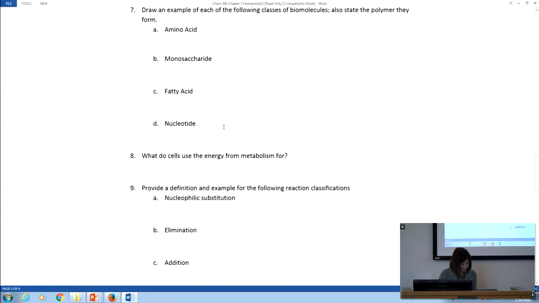I think it was the first slide that we did today. Oh, yeah. What do we use the energy for? So synthesis of biomolecules, growth and development, and removal of waste.